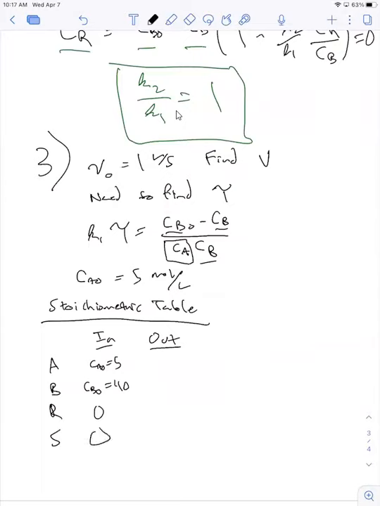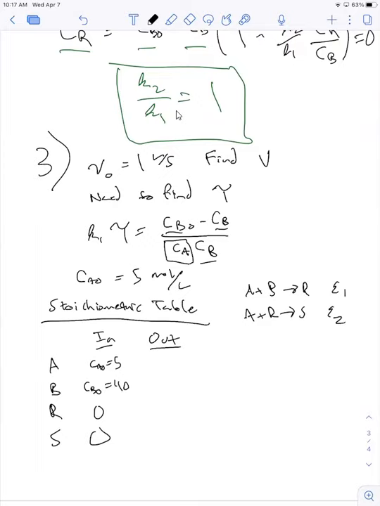And then for our out, we're going to do this in terms of extent. Our first equation is A plus B goes to R, then A plus R goes to S. So this is equation 1, equation 2.